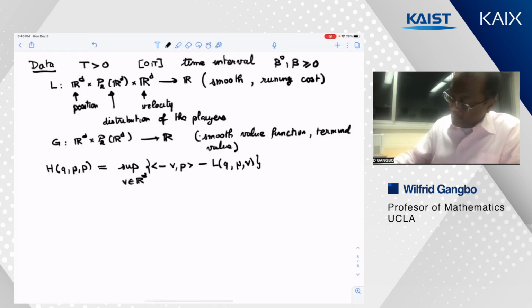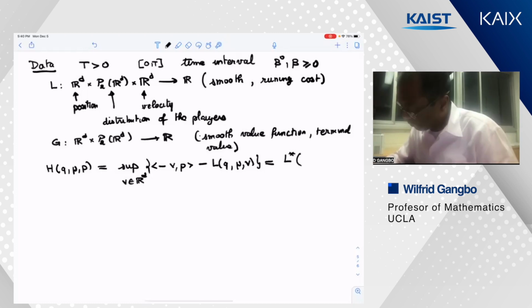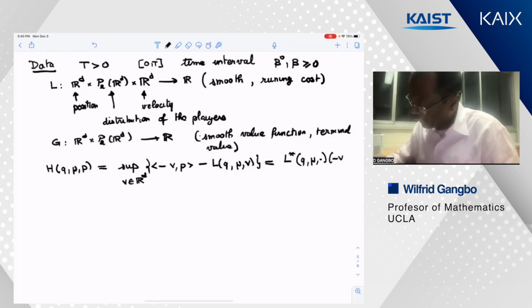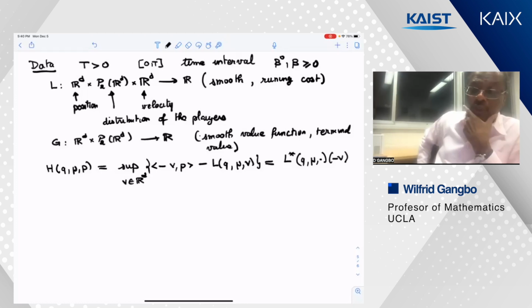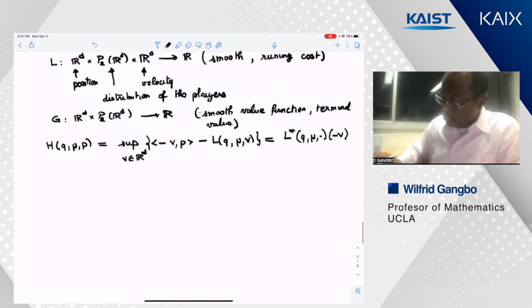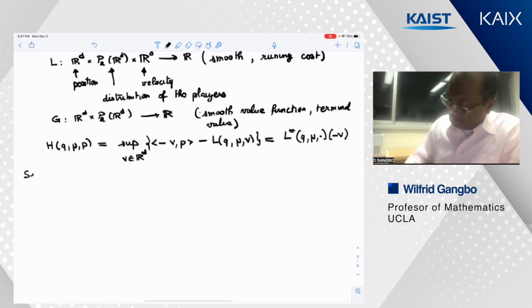And you can recognize that here I am computing the Legendre transform. For q and mu fixed, I am computing the Legendre transform at negative v because I am writing the inner product of negative v and p. So here is the setting.